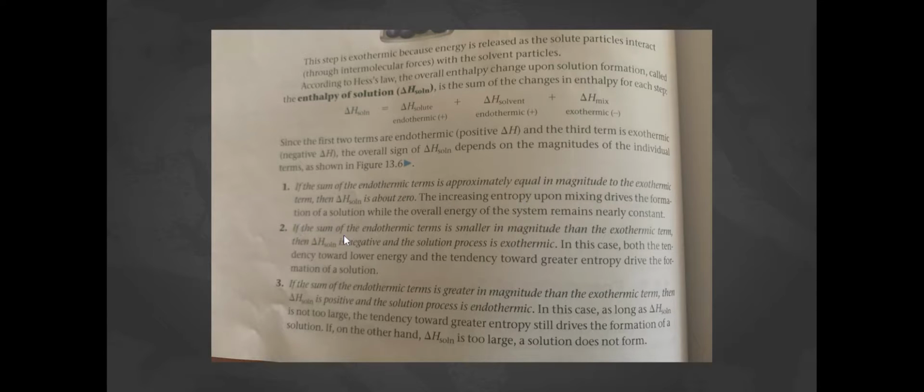Okay, if the sum of the endothermic terms is smaller in magnitude than exothermic, so if it's a smaller amount putting in and a larger amount given off, it's going to be negative, and that means that the overall process is exothermic.